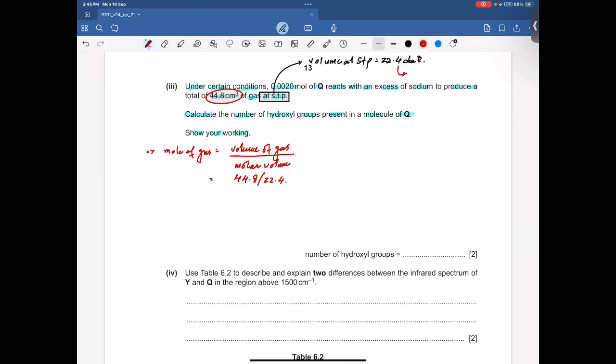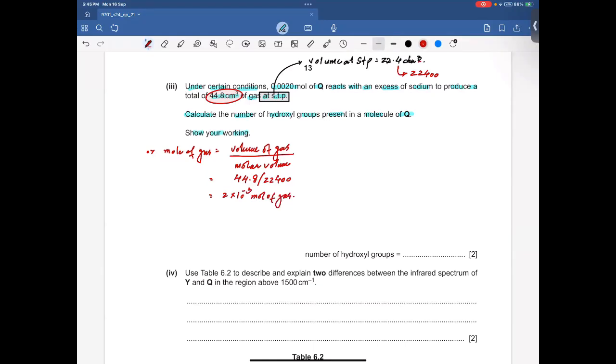To convert it, I need to multiply by 1000, so it's going to be 22,400. Now I'll get the moles: 44.8 divided by 22,400. So it's going to be 2 into 10 to the power minus 3 moles of gas.